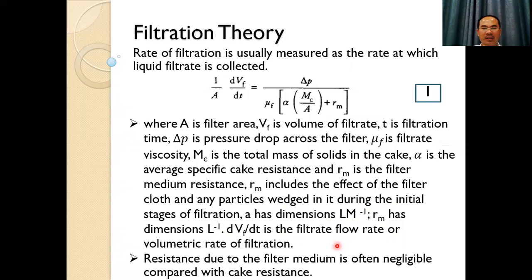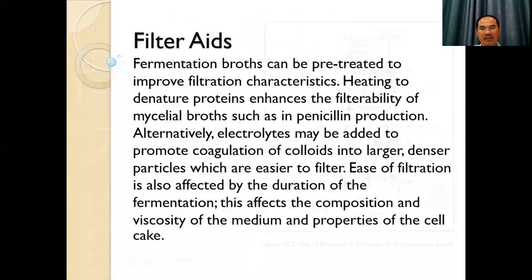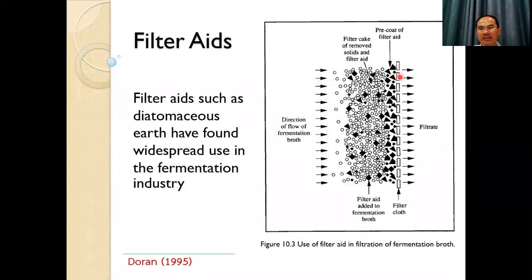Mostly in filtration we can neglect the effect of the filter medium resistance, or Rm. Why can we neglect it? If you consider the first figure like this, this is the filter medium, and then you compare it to the filter cake.